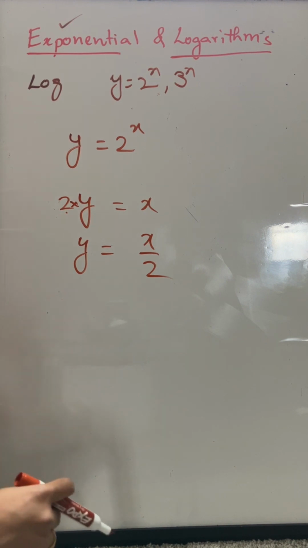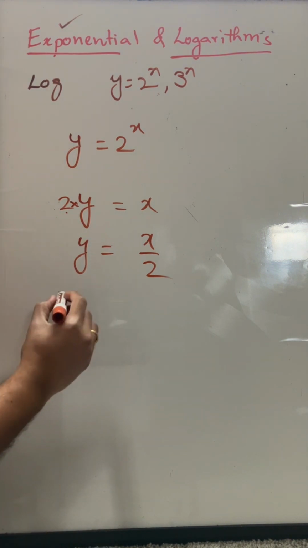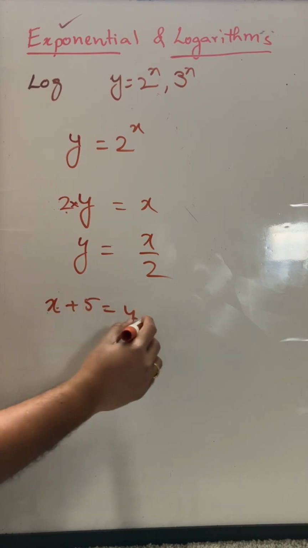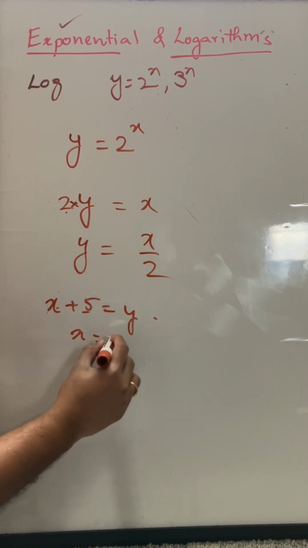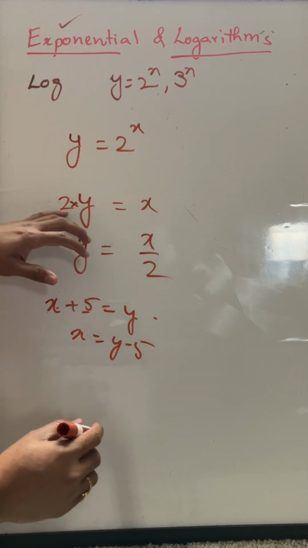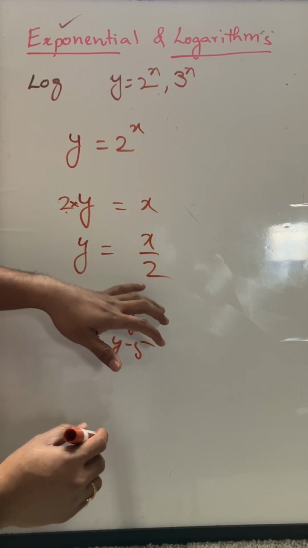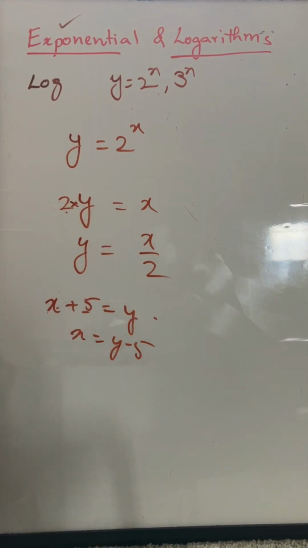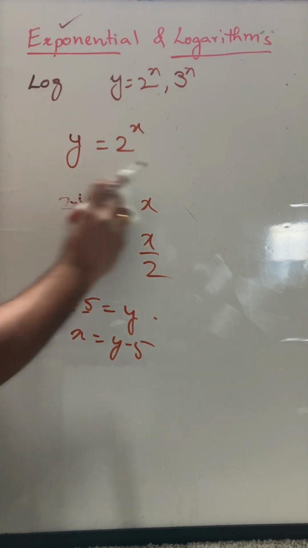So now we have additions, like x plus 5 equal to y. When 5 goes on the other side, it becomes negative: y minus 5. When 2y equal to x, when this 2 goes on the other side, it becomes x by 2.